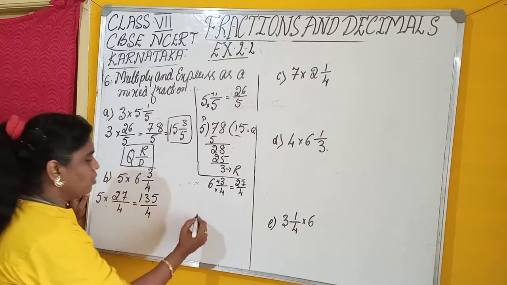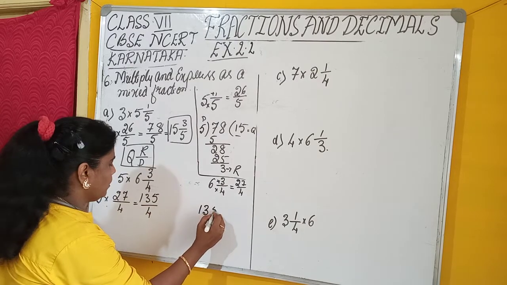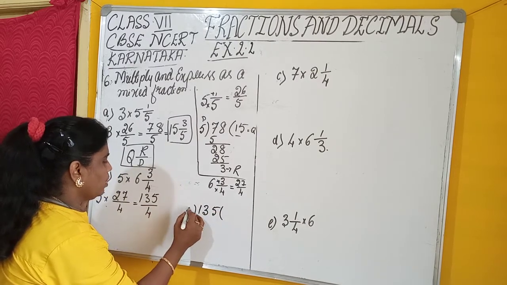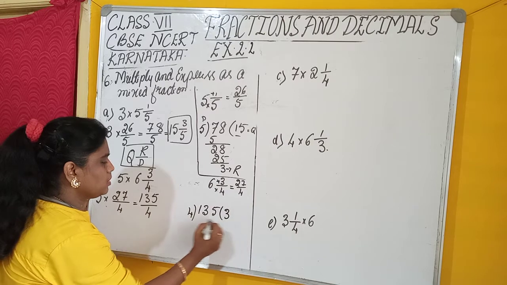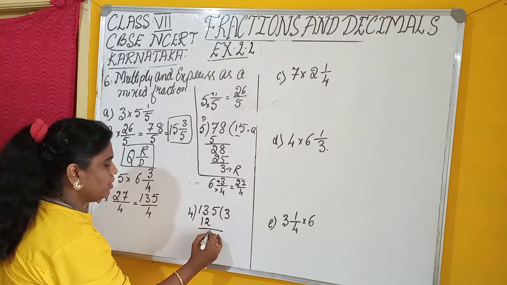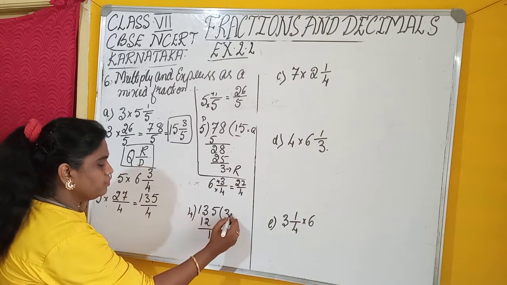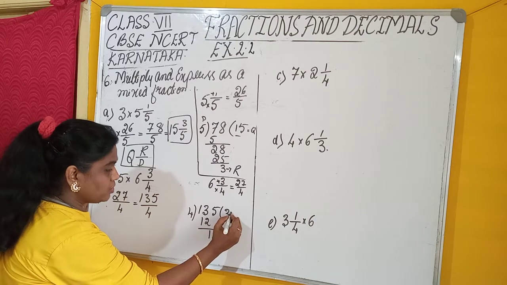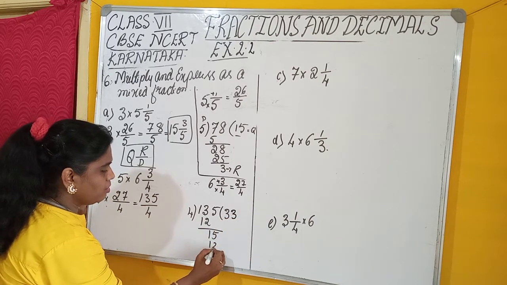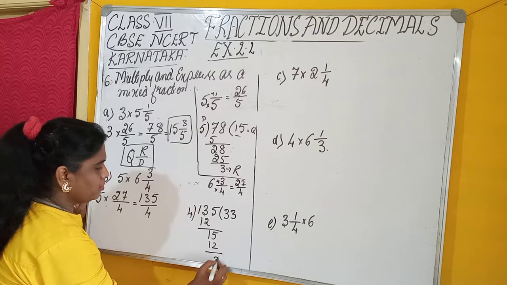Now divide 135 by 4. 4 threes are 12. Remaining 1, 3 becomes 13. 4 threes are 12, remainder 3.